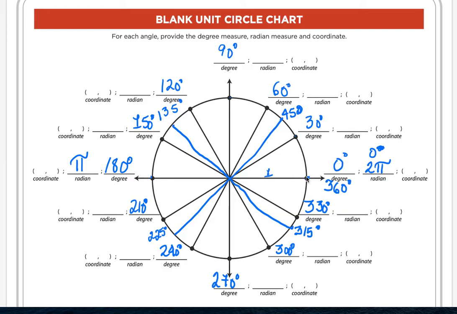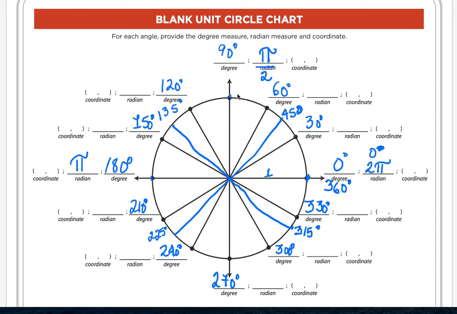All right, so now if I know that I've gone pi here, if I've gone halfway between 0 and pi, then at the 90-degree mark, what is that? Well, that's pi over 2 radians, right? That's half of pi. All right, so that means that each 90 degrees is the same thing as pi over 2.